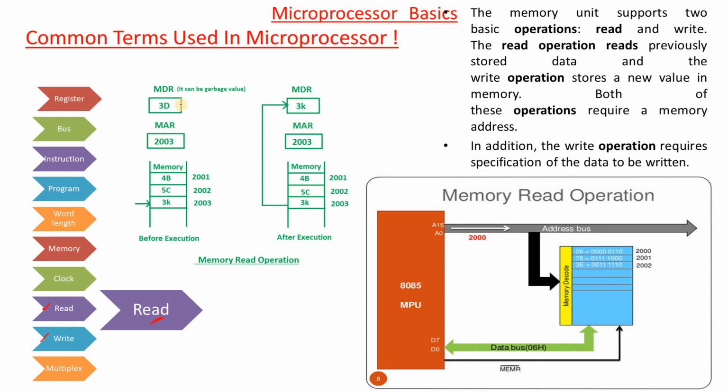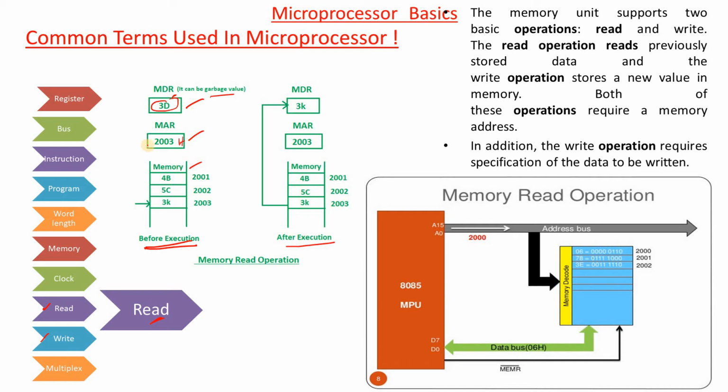So here three fields are there. This rectangular box is the memory data register, this one is the memory address register, and this is the memory. With the help of these registers, we access the read operation. Before execution and after execution, what will happen? Before execution, what is the status of these two registers and memory? The memory data register holds the previous value, a garbage value, 3D hexadecimal. The memory address register holds 2003H.